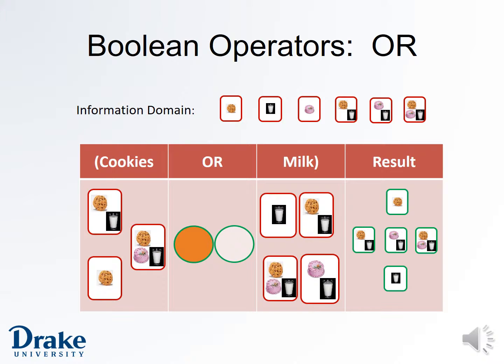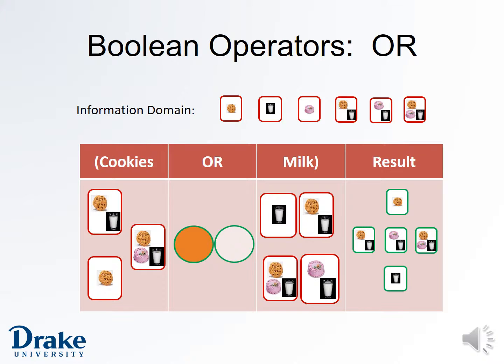Note how with the AND operator we ended up with 2. So we can say the OR operator, because it returns more, increases recall and decreases precision. On the other hand, the Boolean operator AND increases precision and decreases recall, because we only got 2 in comparison to the OR where we got 5.